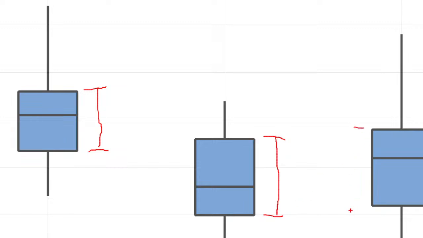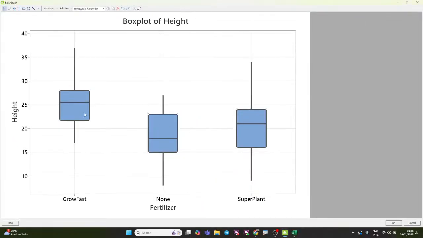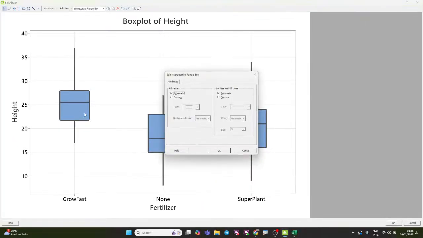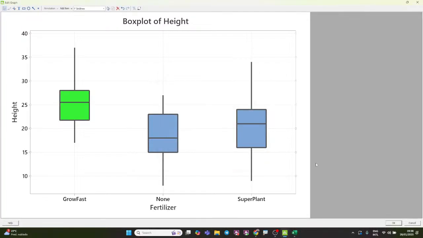And then you may even color code, for example, change it here to green.